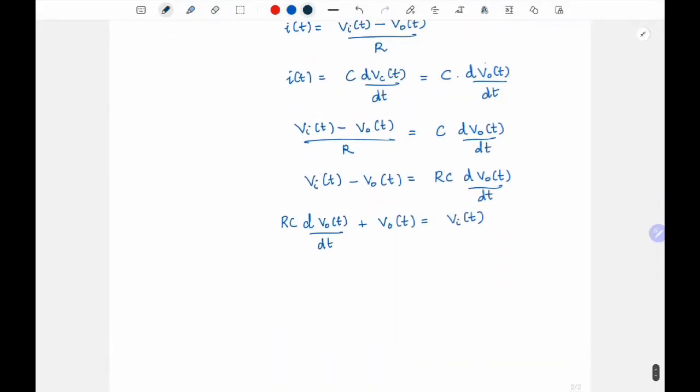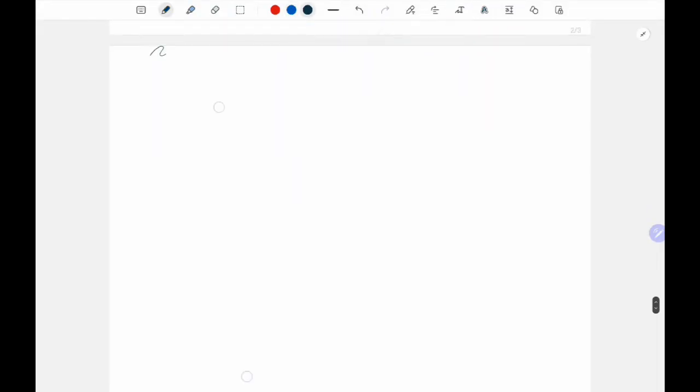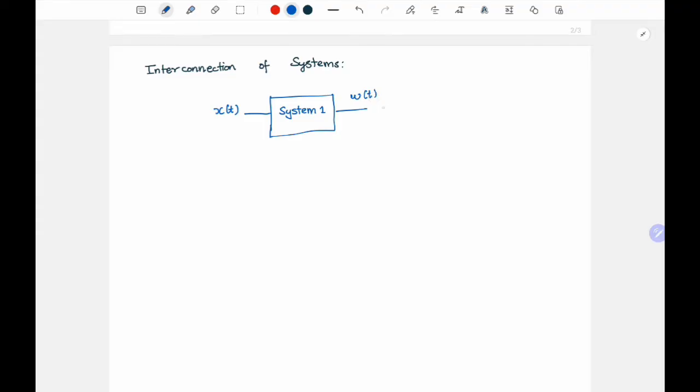So next I want to discuss interconnection of systems. So I can have more than one system, right? The signal going through more than one system. So let me call it system 1. So there is an x of t and there is an output w of t, let's say.